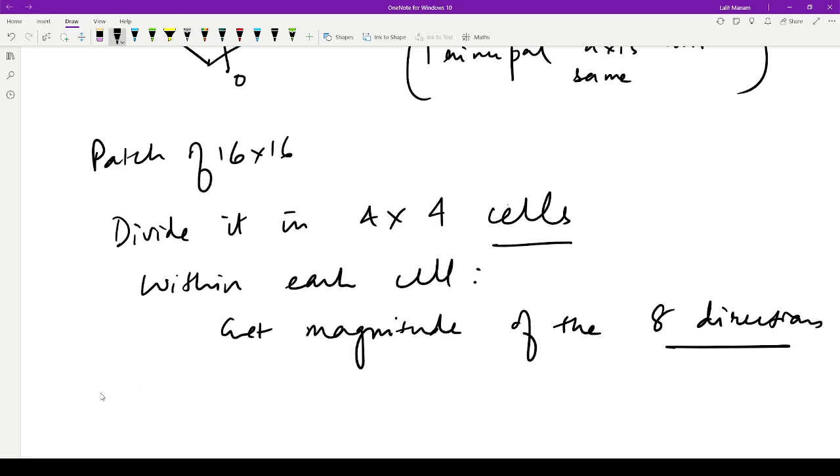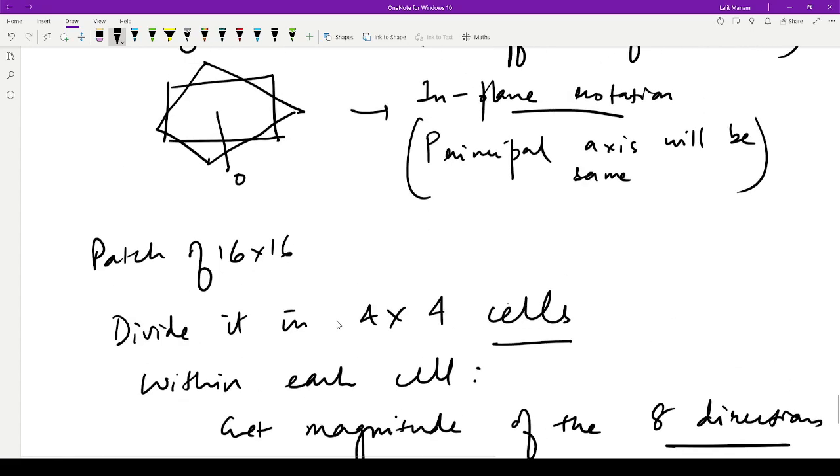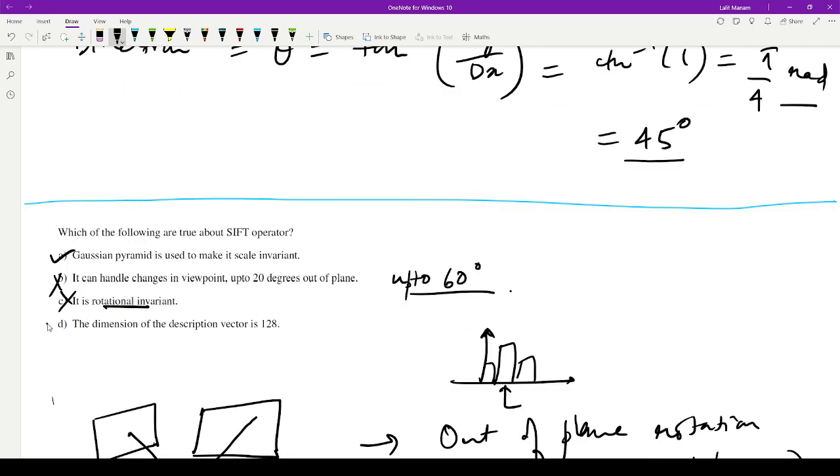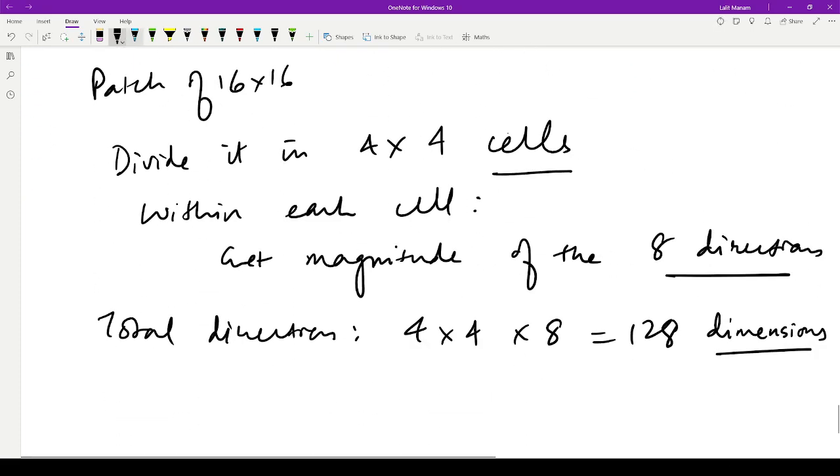So that means in total, 4 cross 4 into 8, which is 128 dimensions. Are you fine with this? Yes, sir. So ultimately the dimension of the descriptor is 128.